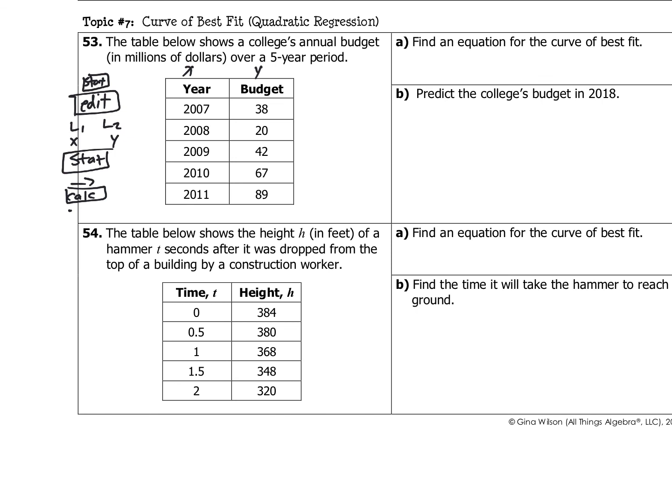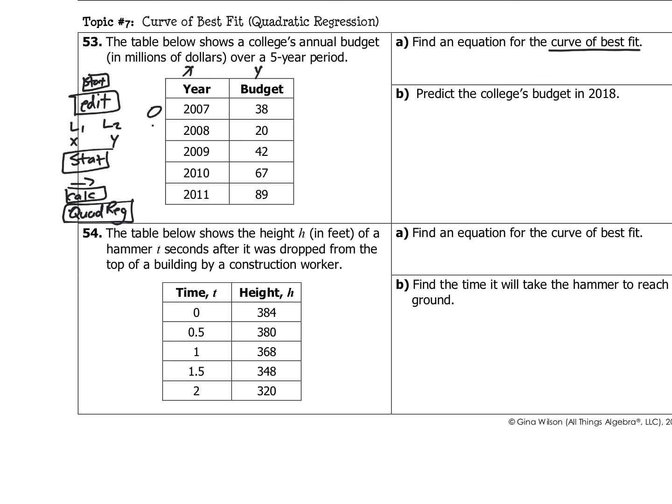I'm going to make this a little bigger. Quadratic regression. Okay. I knew to choose quadratic regression because it asked me for the curve of best fit. All right. So anytime you're dealing with years, always change the first year to 0 and every year following.